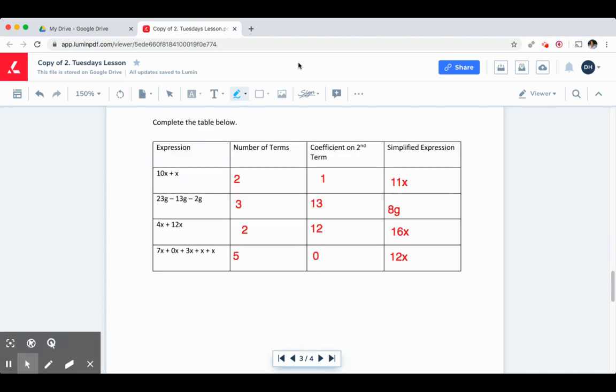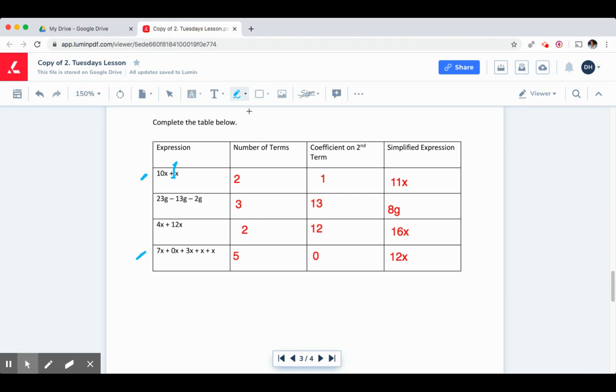For the table, we are going to go over the first example and the last example, and you'll check your work for the two in the middle. The first example says 10x plus x. Remember that when you see a variable by itself, the coefficient is 1. So this is like saying 10x plus 1x. First, they ask us for the number of terms.